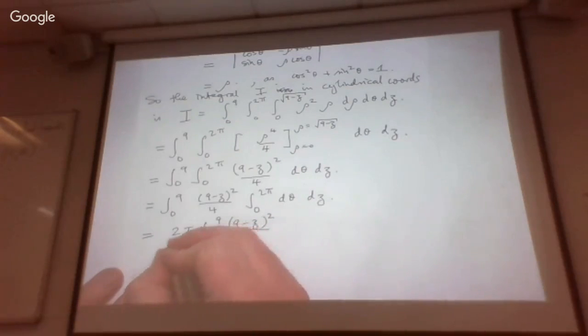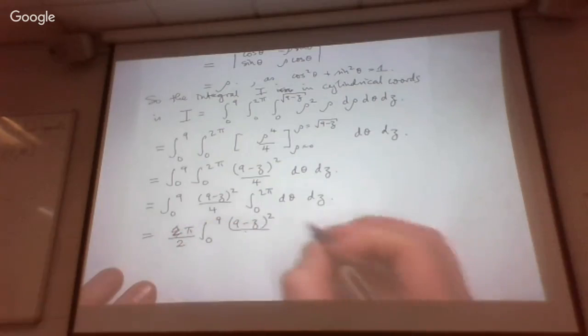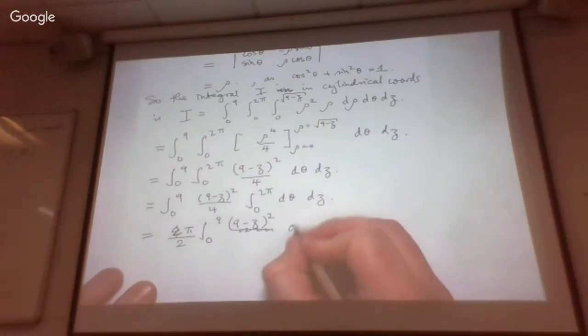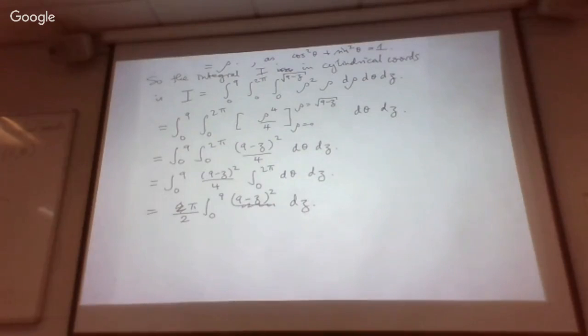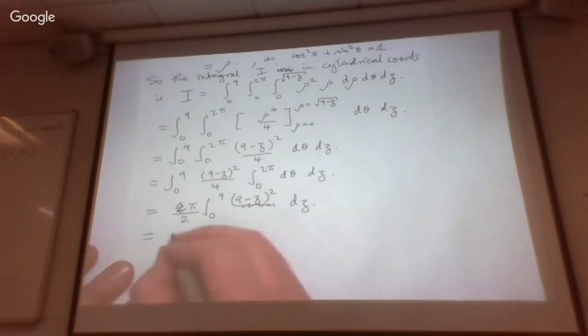And let's slide the 4 out as well. So it's just the integral of the square of 9 minus z, which probably isn't too hard. I guess we need to square it out to stop going wrong.